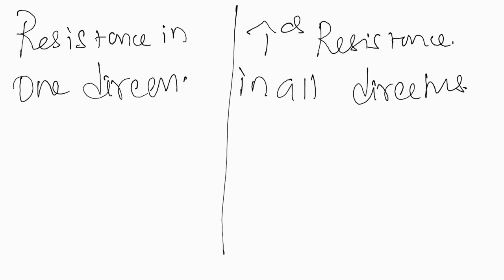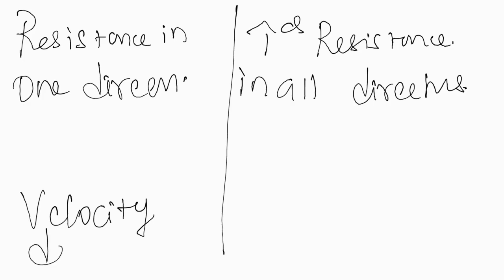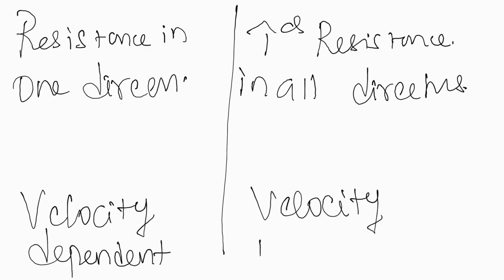Next, spasticity is velocity dependent. Rigidity is velocity independent. If they ask you, you should be able to answer all these things quickly without much hesitation.